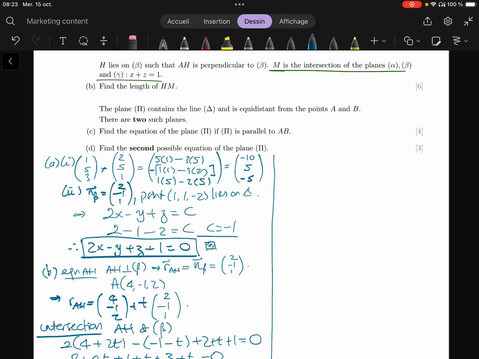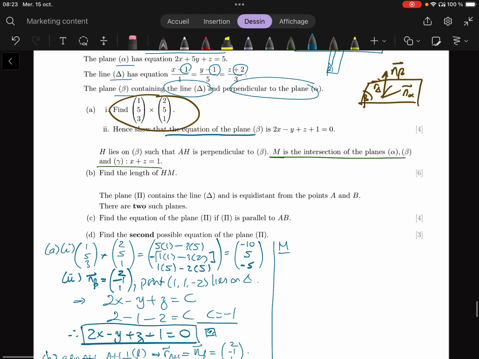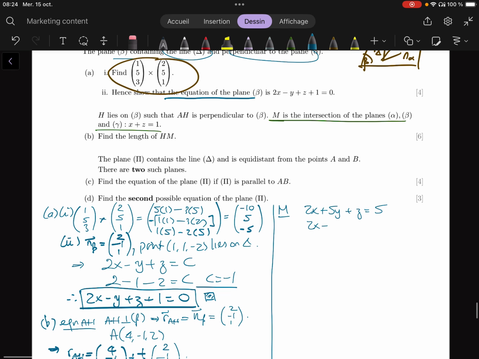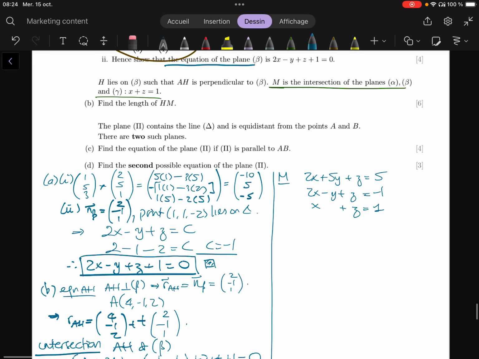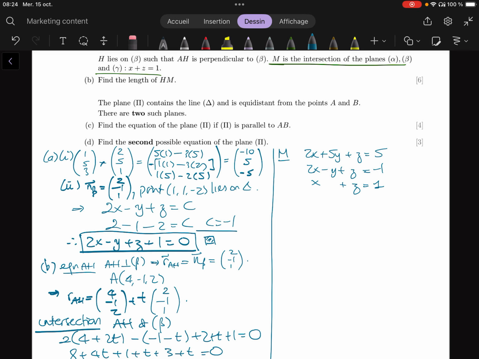Second part, we now want to find the intersection of the three planes. So alpha has this equation, beta has this equation, and gamma has this equation. So this is going to be a good one for row reduction. Row 1 minus row 2.